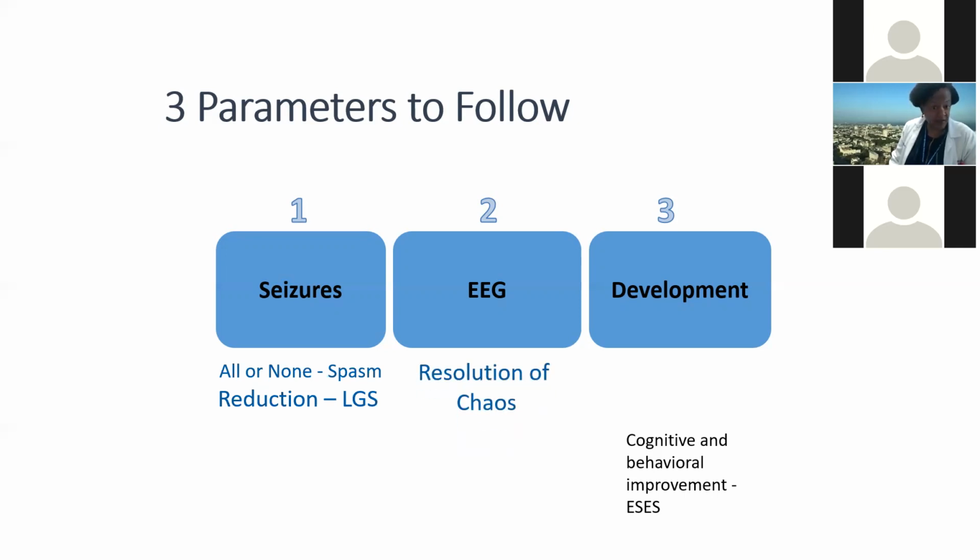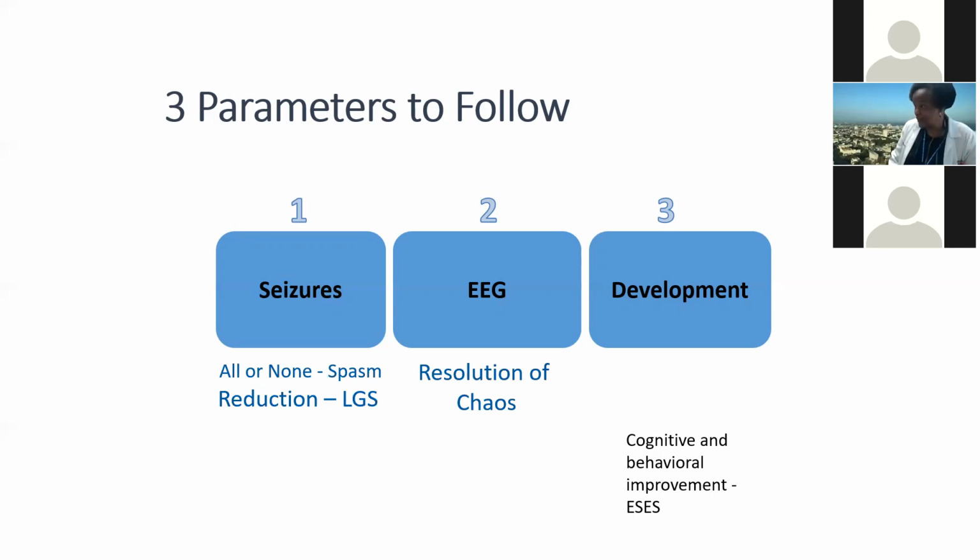In terms of the EEG, we want resolution of the chaos, whether it is hypsarrhythmia, or whether it is a Lennox-Gastaut EEG type with abundant generalized spike and wave complexes, slow spike and wave, and generalized polyspike. We want that gone, right?